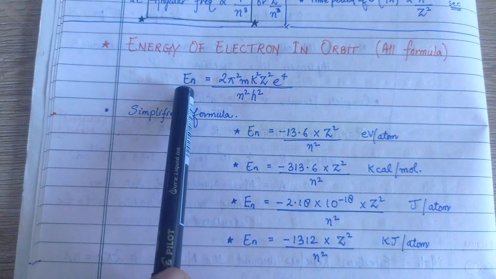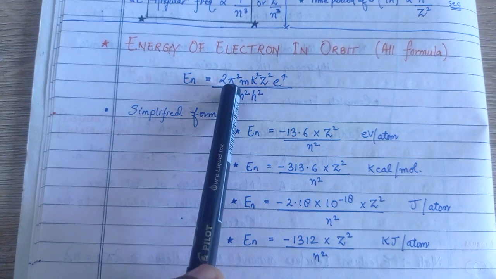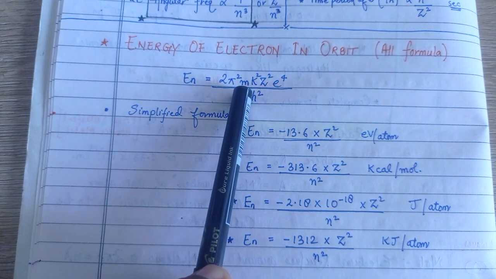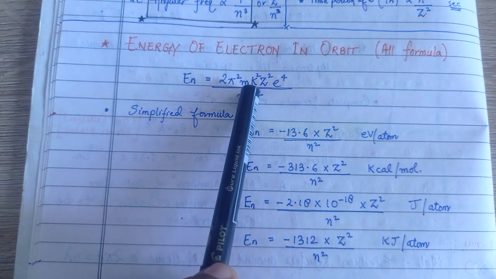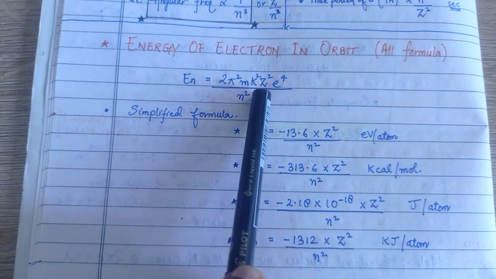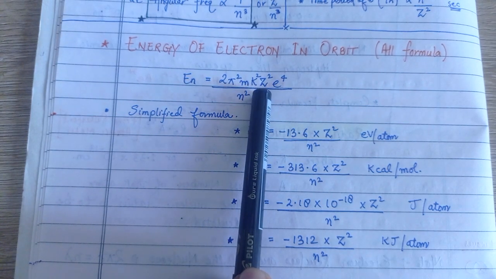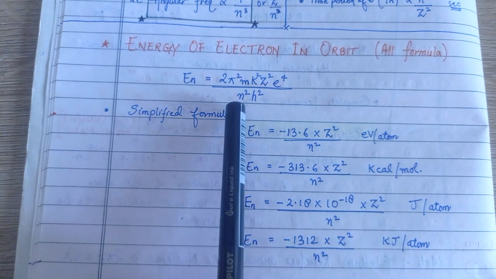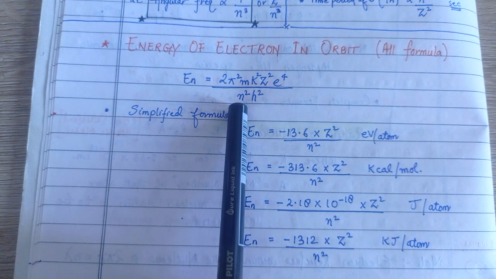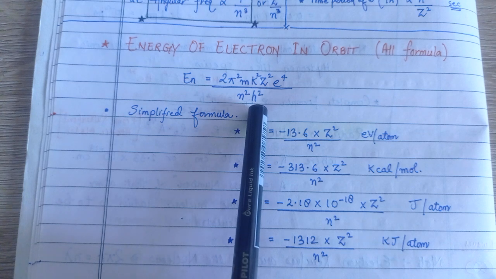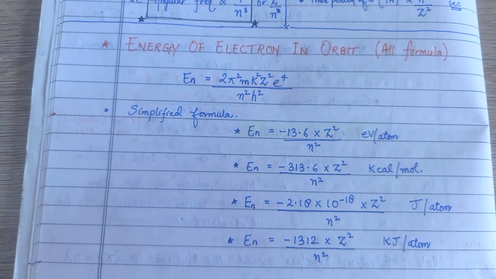Energy of an nth orbit is given by 2 pi square m, where m is the mass of the electron, k the proportionality constant, z the atomic number squared, e the charge of the electron, n the nth orbit and h the Planck's constant. Try to find out which of these variables are not constant.